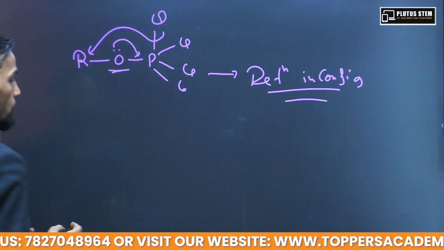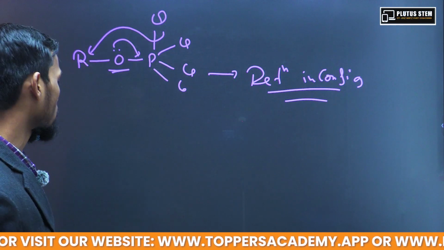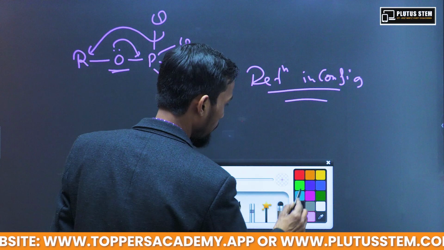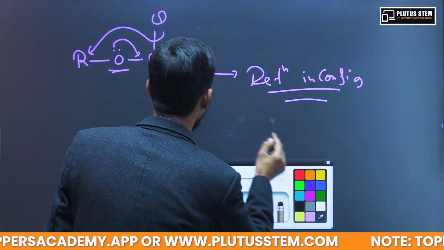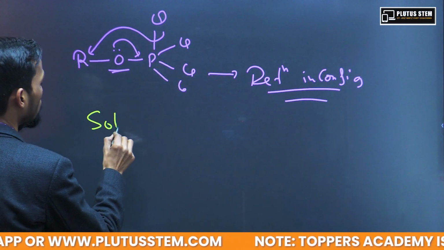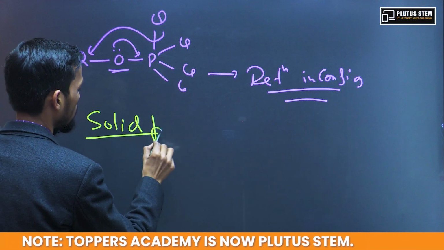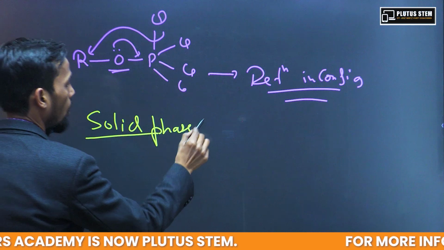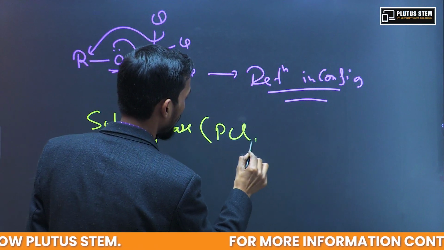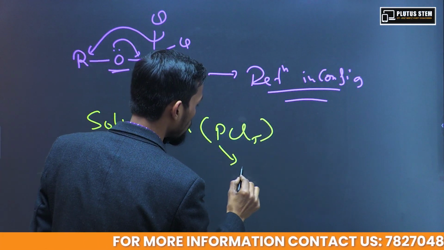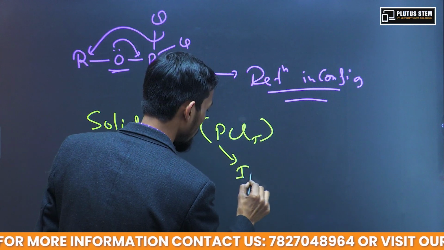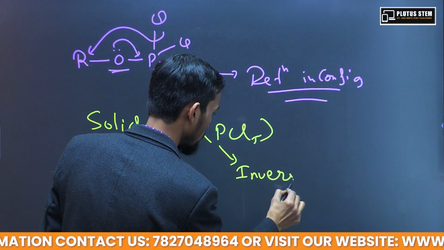So now we will be seeing another type of reaction. One more thing which I want to tell you: in the solid state, in the solid phase, when PCl5 is in the solid phase, we are going to get an inversion product.